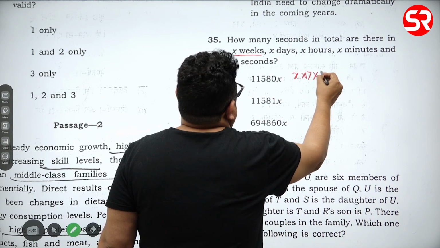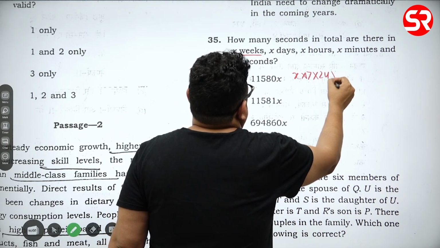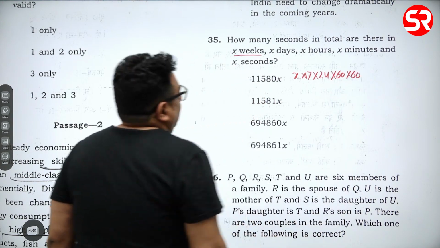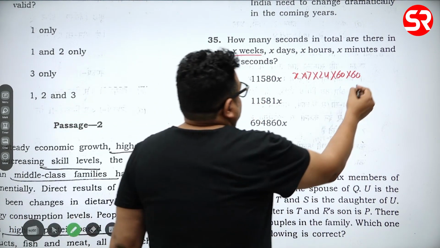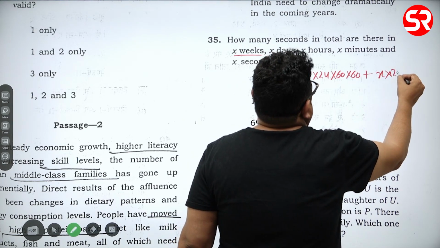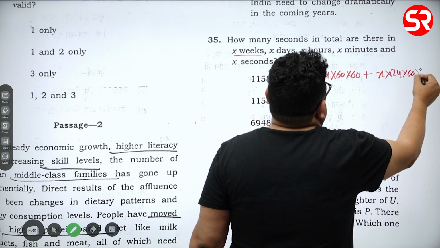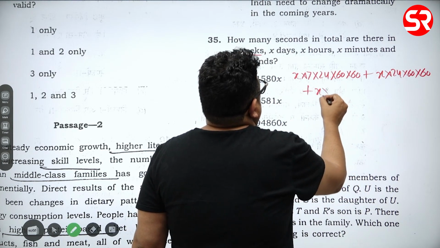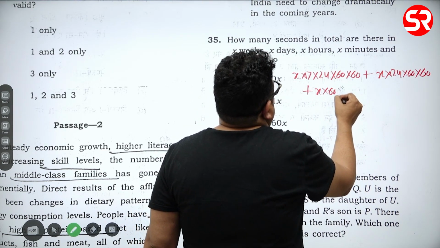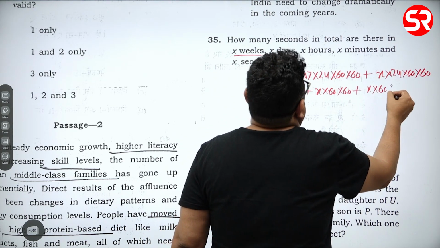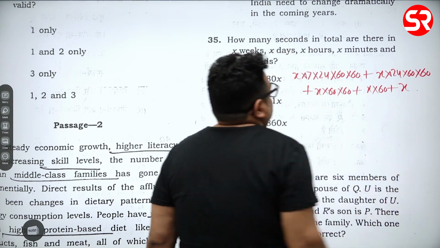In a day there are 24 hours. In an hour, minutes is 60, into 60 seconds. So weeks converted into seconds, plus X days into 24 hours into 60 minutes into 60 seconds, plus X hours into 60 minutes into 60 seconds, plus X minutes into 60 seconds, and plus X seconds.